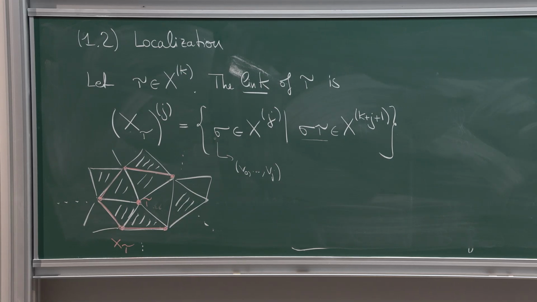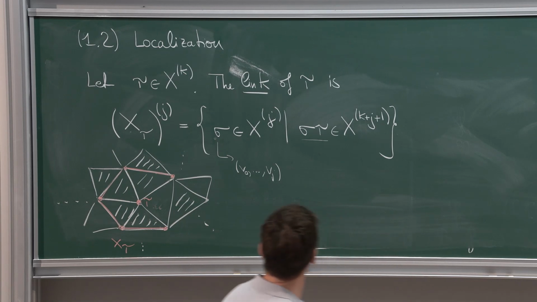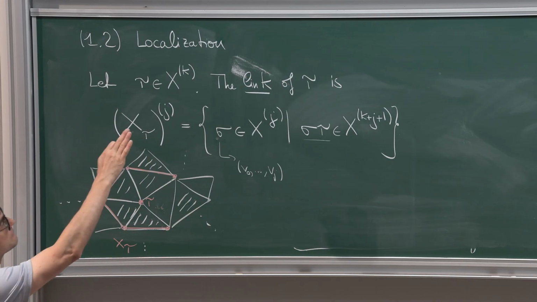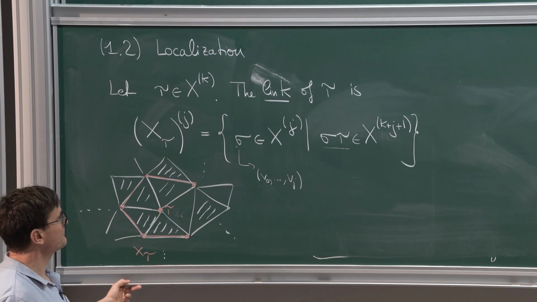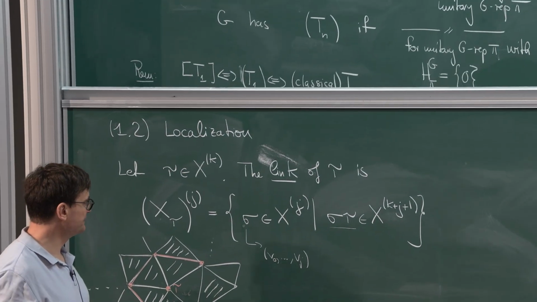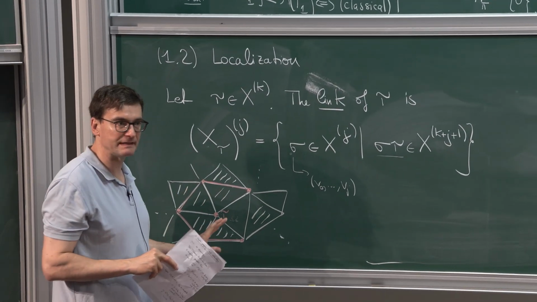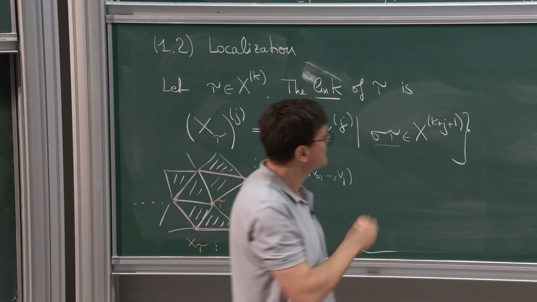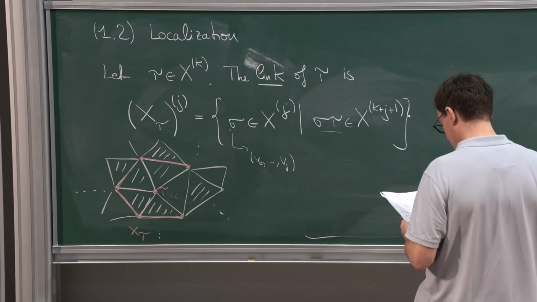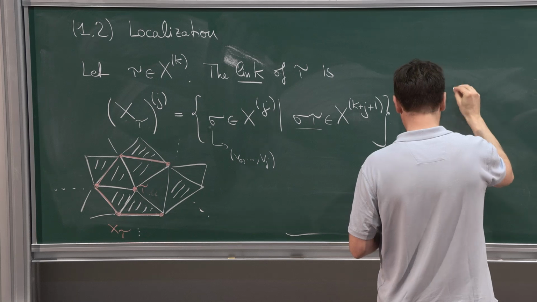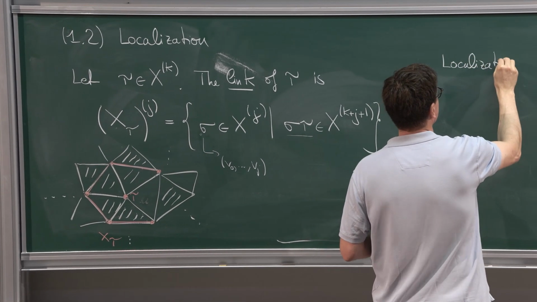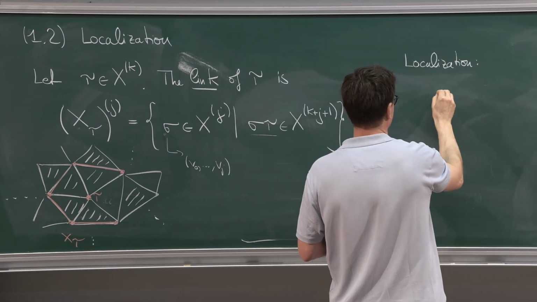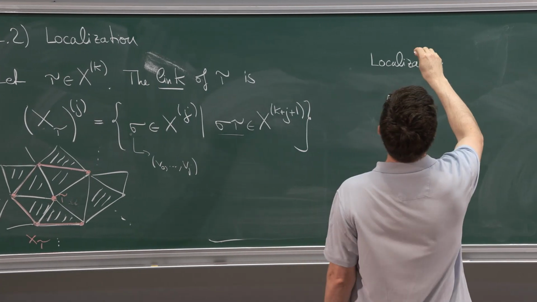And if you have a cochain now in our original complex, we can localize it. We can look at an induced cochain that only lives on this link. This is this localization. And the definition is the following. So what was my notation for the complex again?